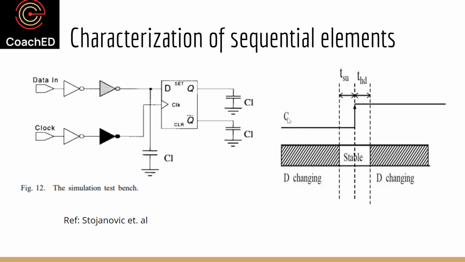So clock signal C, its edge is here. And then data can be changing anywhere in the shaded portion, but it should become stable in this window. And then again, it could be changing. So this window, I need to determine for the given flop circuit that I have.